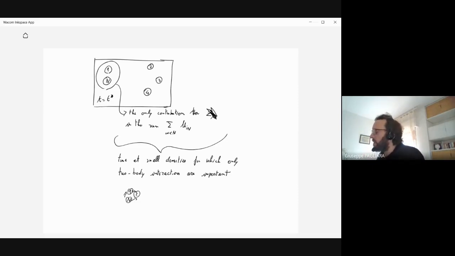So it's somehow easy to realize that the approximation that we are going to consider is valid under the hypothesis in which the density is small, because in this case I can, if you want, count the interactions between particles pair by pair. I can count the contribution to the total potential energy from the interaction between two particles and not of many particles at the same time.